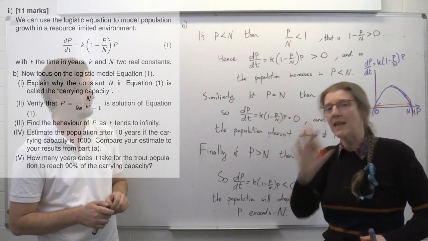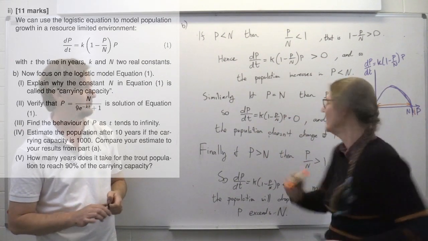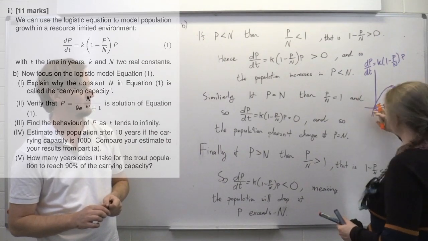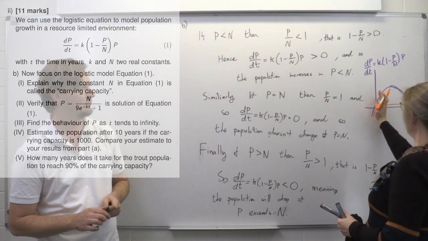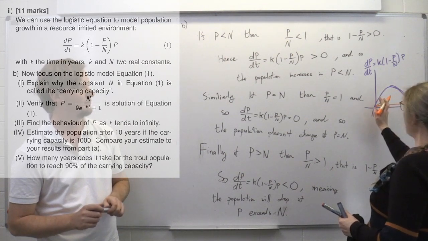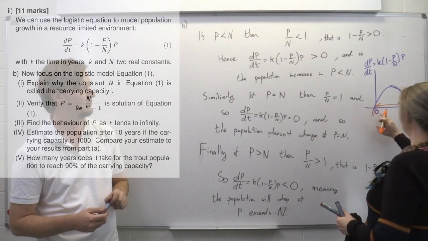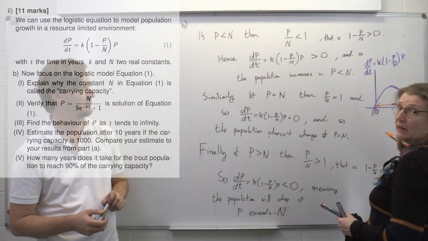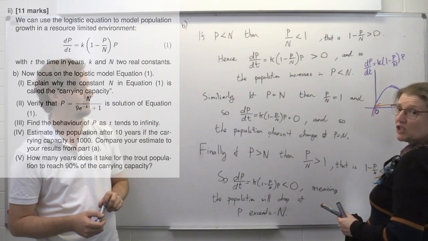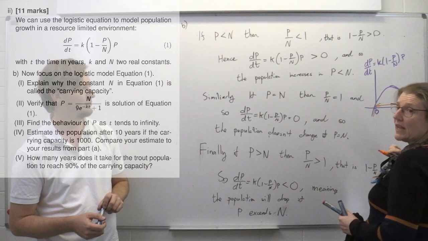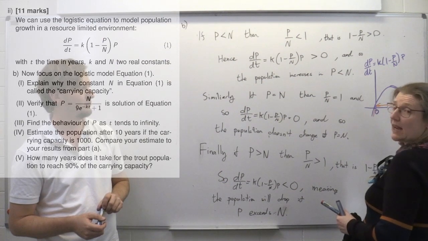So p has to be non-negative. But here it says dp dt is positive when you're in here. That means that the population is growing in this area here when p is between 0 and n. Right at p equals n, there's no change, nothing changes. And so it's going to head towards n. If it hits n, it stays there.